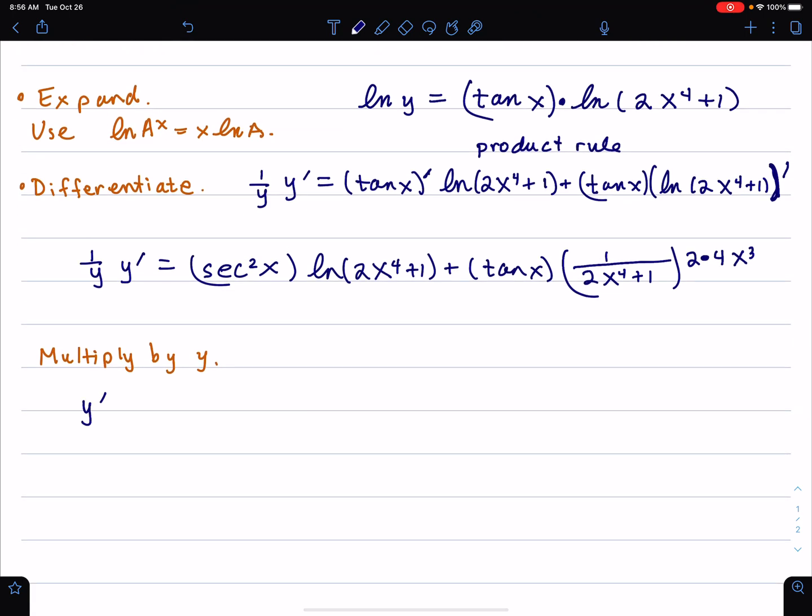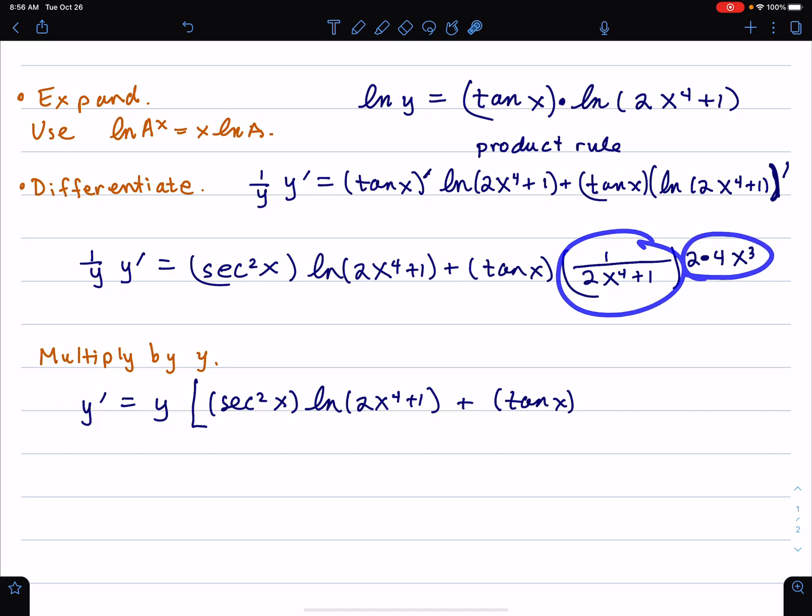So we have y prime equals, I multiply by y, big parentheses, secant squared x, ln of 2x to the fourth plus 1, plus parentheses tan x, and I'm going to multiply this fraction times this whole expression.